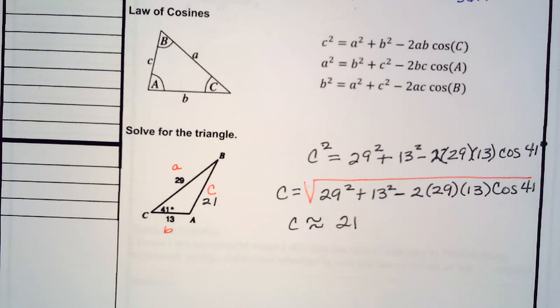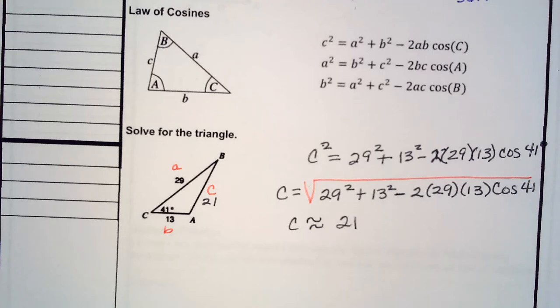What about the angle measures? Do we need to use the law of cosines again? No. We can actually use the law of sines. When you use the law of cosines, normally you'll only use it one time, and then you switch to the law of sines.